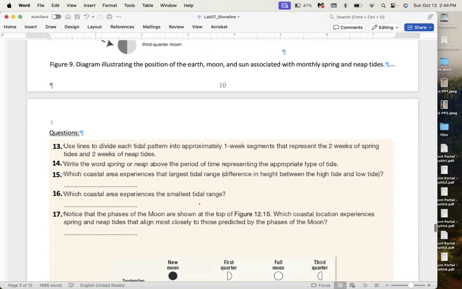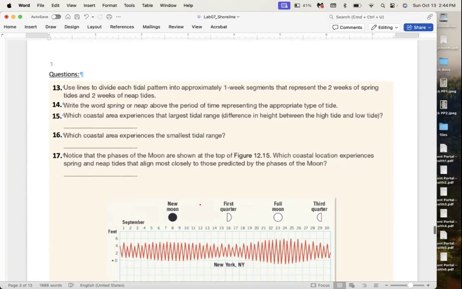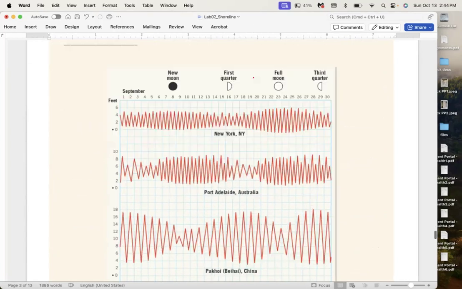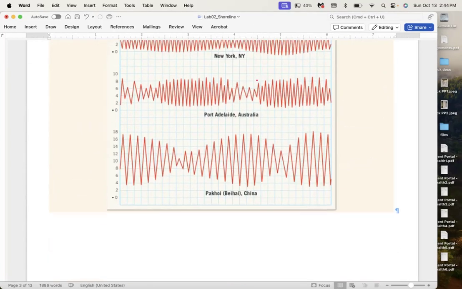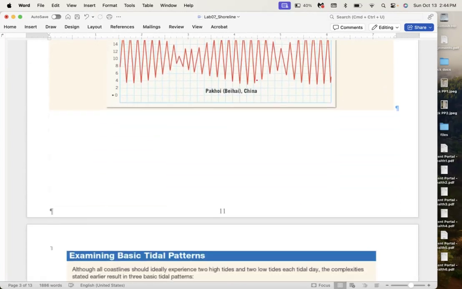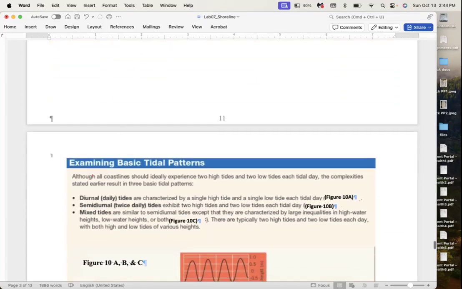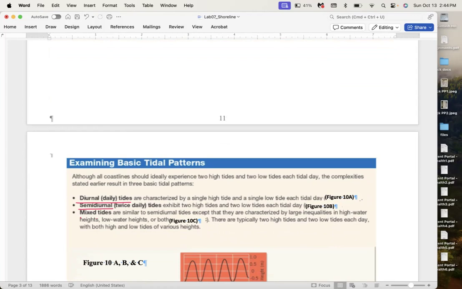So there's a number of questions associated with that, which you can get out of the diagram or out of this preview. We haven't yet talked about diurnal tides, semi-diurnal tides, and mixed tides.